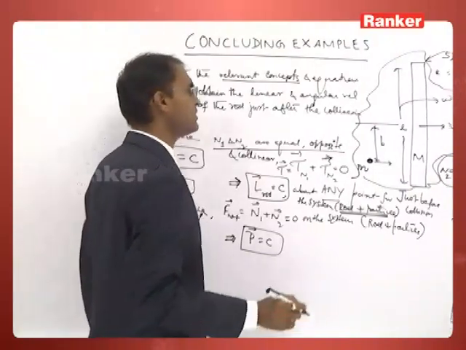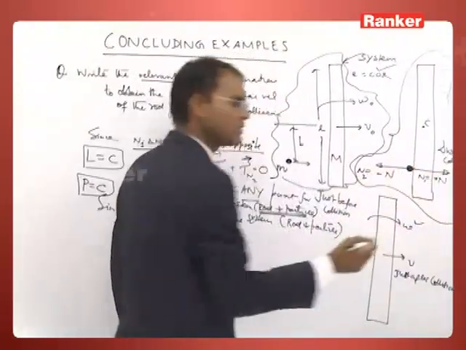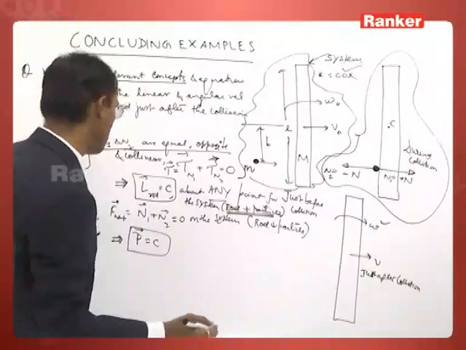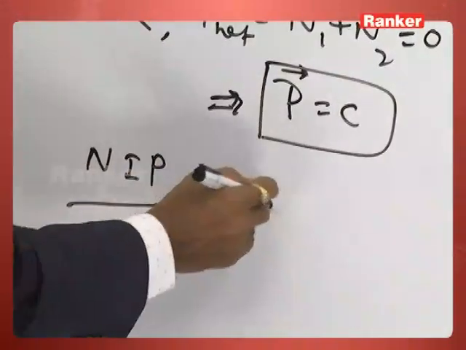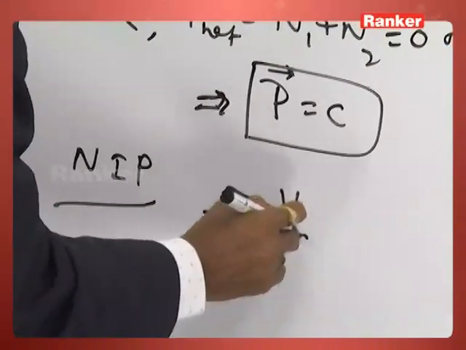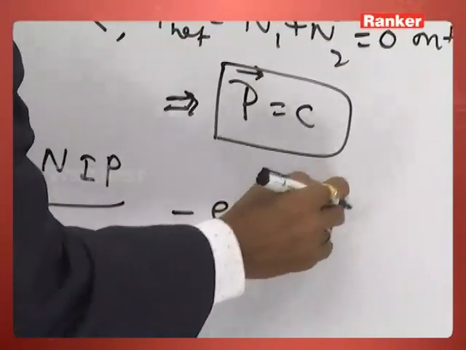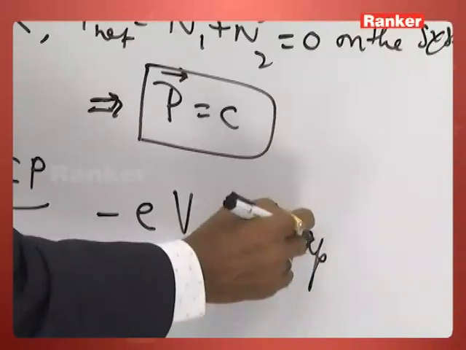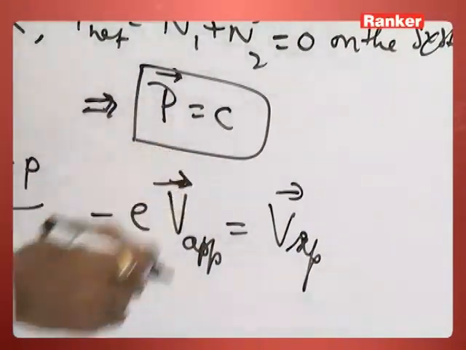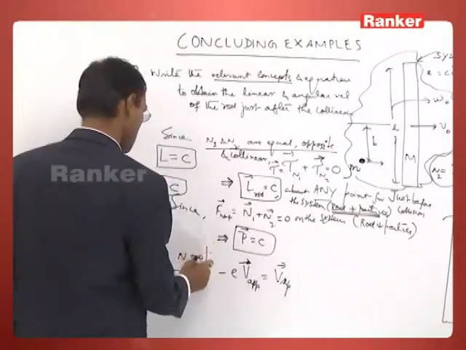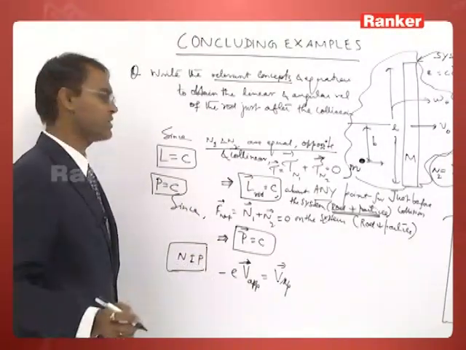And the third concept, during the collision, we can apply Newton's empirical formula. Minus E into velocity of approach is equal to velocity of separation. This is the third concept.